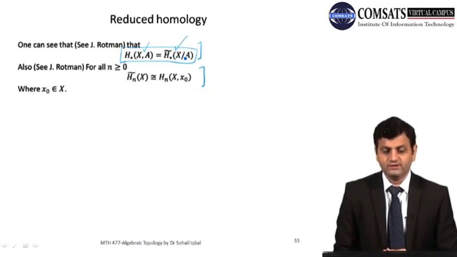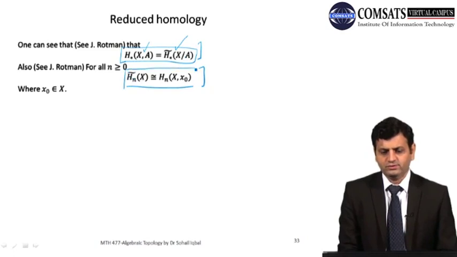That's an important thing, and these kinds of results are going to help us in understanding the homology, to help us in calculating the homology in difficult situations. Also, the reduced homology is basically equal to this relative homology.